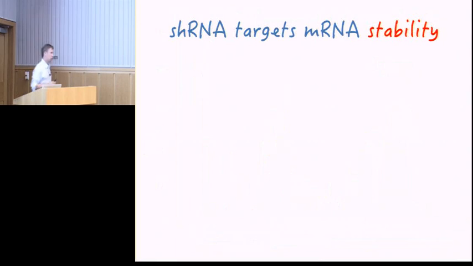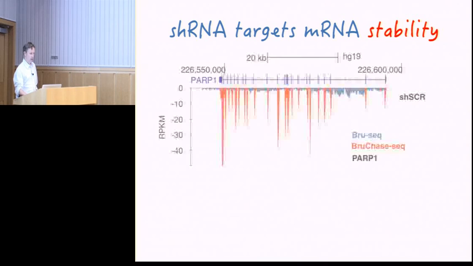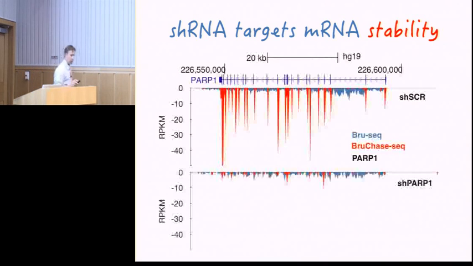So a lot of people do shRNA, and when we do shRNA for a target gene, we can actually see that it's targeting the stability of the transcript. It doesn't affect the transcription rate of the gene. And so here's an example. We were knocking down PARP, and this is just the scrambled shRNA.